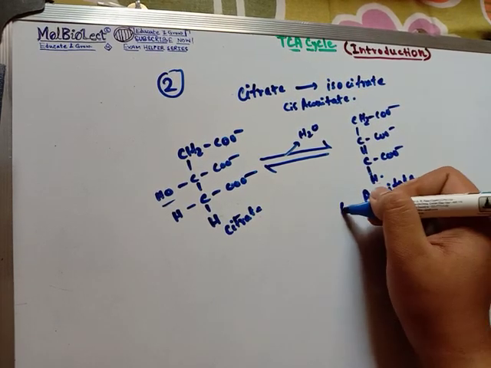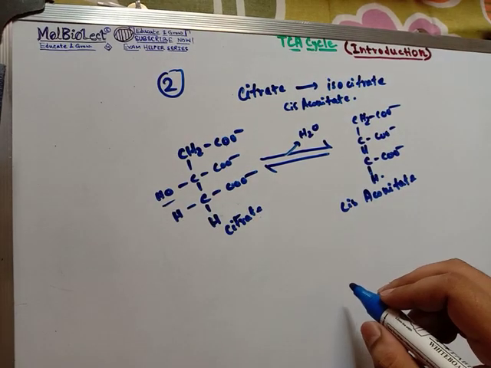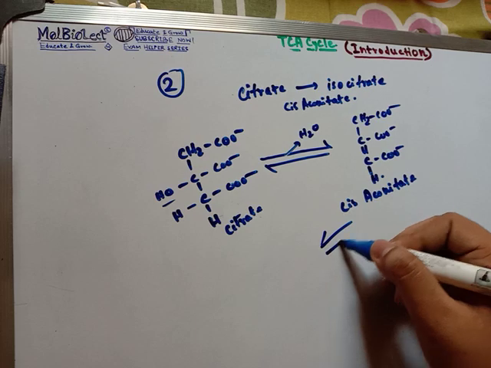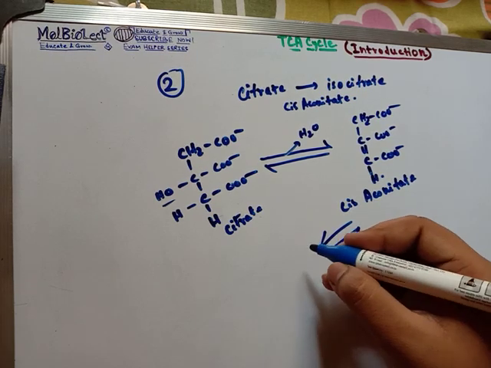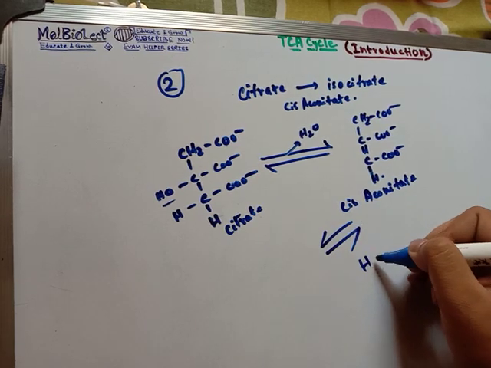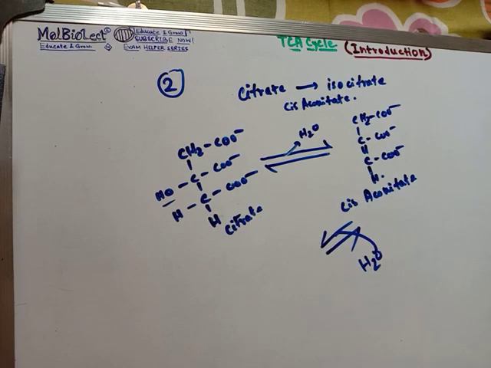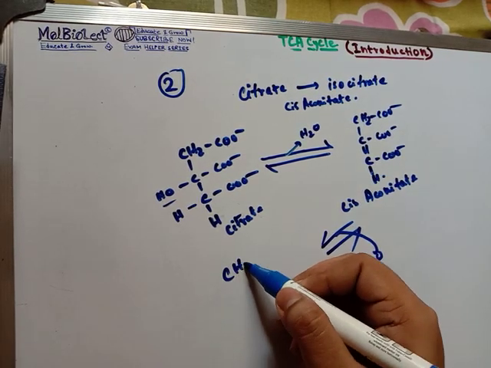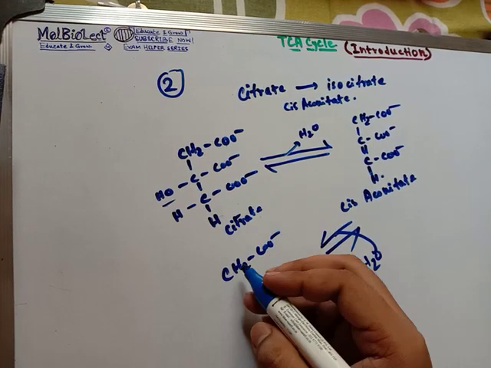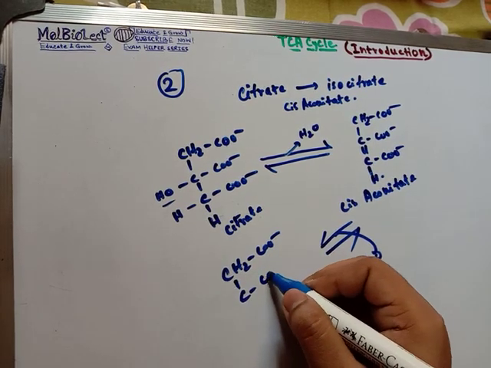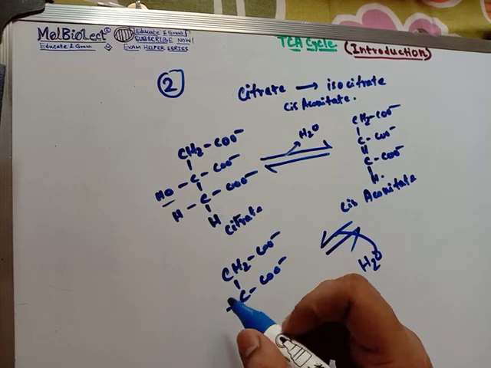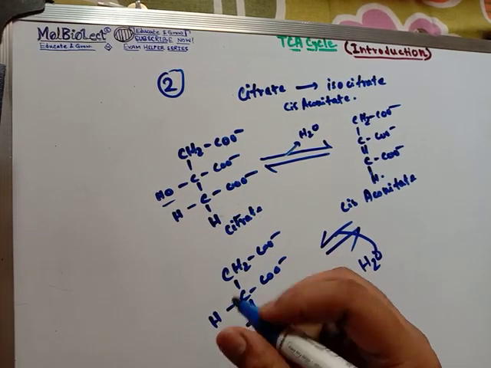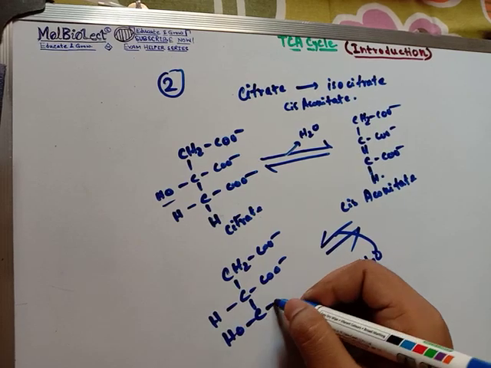So this is our cis-aconitate, and this cis-aconitate is again converted back to isocitrate by addition of water, and this is how it looks. CH2COO minus. There is just a minor conversion over here. Here it was HO and here it will be H, and here it was H and here it will just be the reverse.